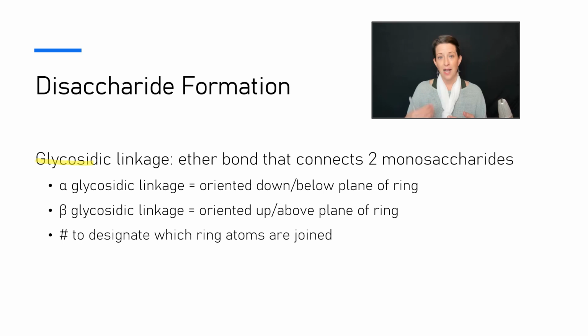So if you have an alpha monosaccharide, it's going to make an alpha glycosidic linkage. If you have a beta monosaccharide, it's going to make a beta linkage. And because this is going to be occurring between two monosaccharides, we also need to be provided the carbon number where these reactions take place.